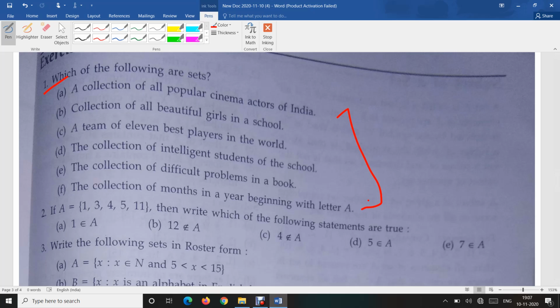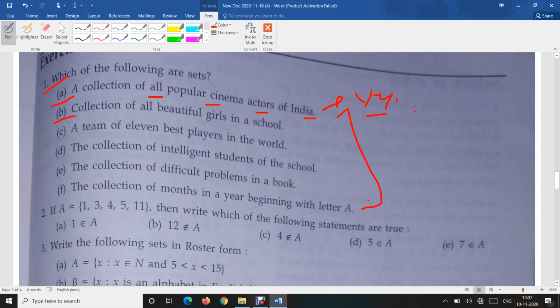It should be related, and also well defined, then you can call it a set. In part a, you have a collection of all popular cinema actors of India. You have to make a list of all the popular cinema actors of India. Is it a set? Yes, because you can make the list of these people.